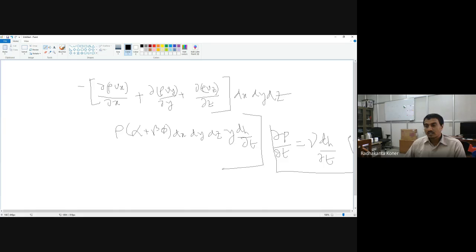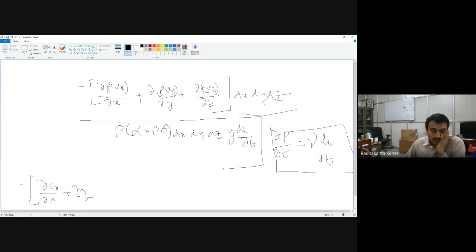Based on this assumption, we are changing to this. So the mass flow will come, if we take this into account, around minus del x plus del y plus del z.